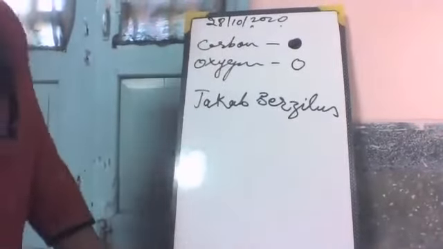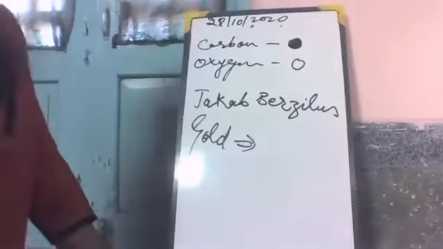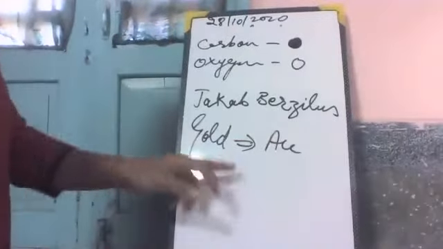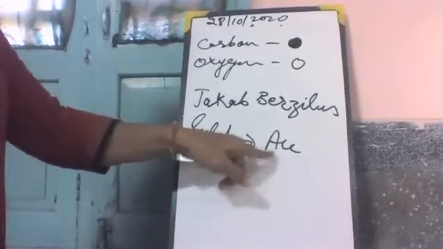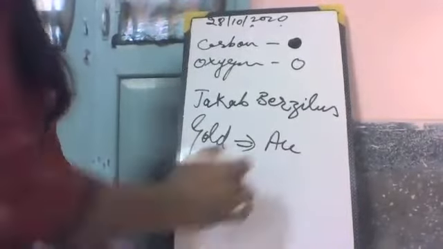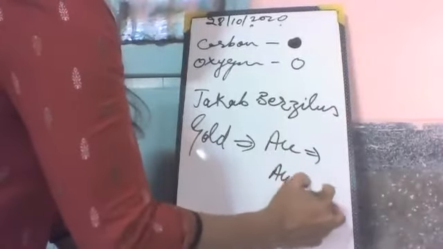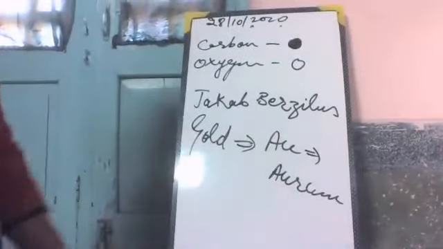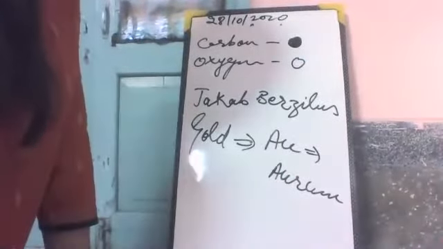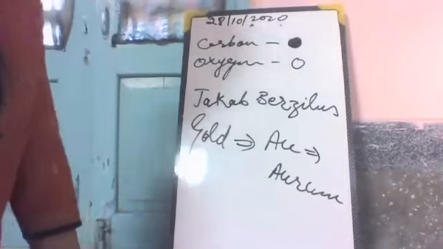Suppose he gave the symbol for gold as Au, but Au does not start with G, because it comes from its Latin name aurum. So in some elements the symbols are given from their Latin names.